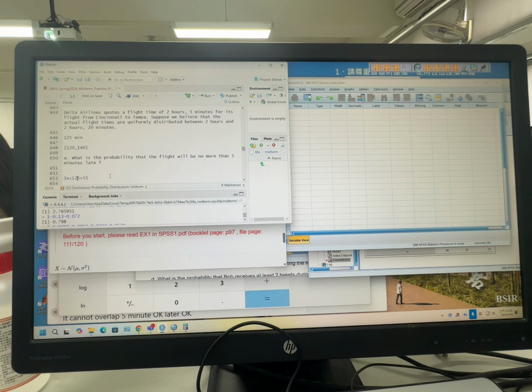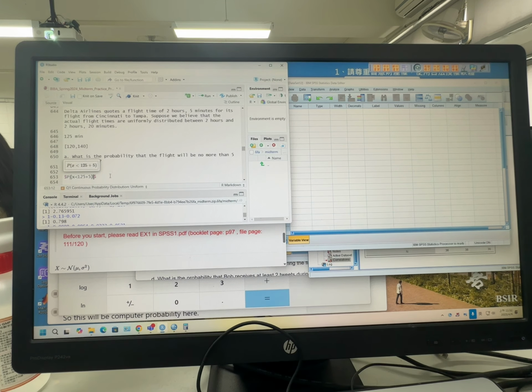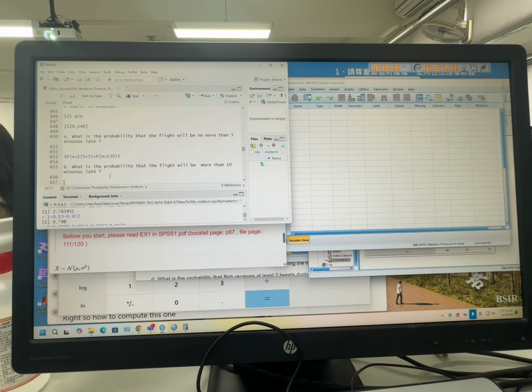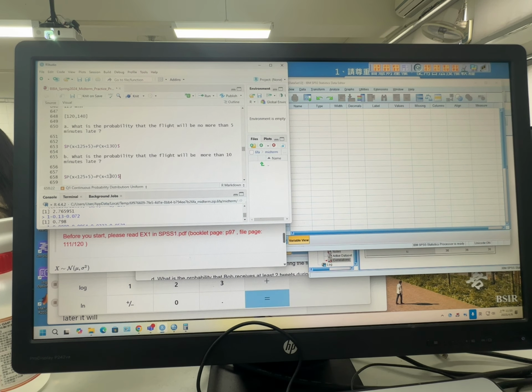So this will be the computed probability, which is 130. And then more than 10 minutes later would be greater than 135. So how to compute this one?